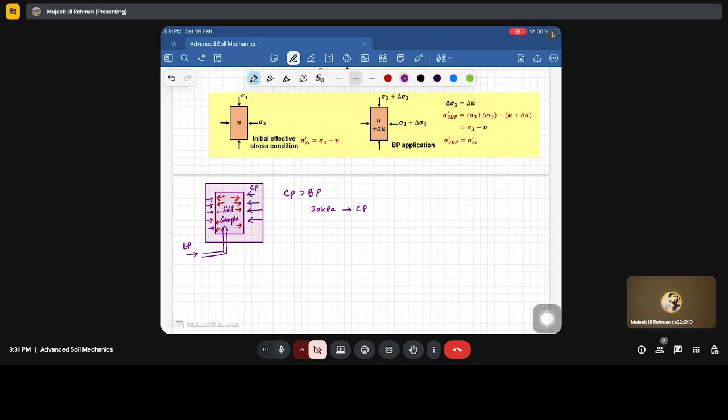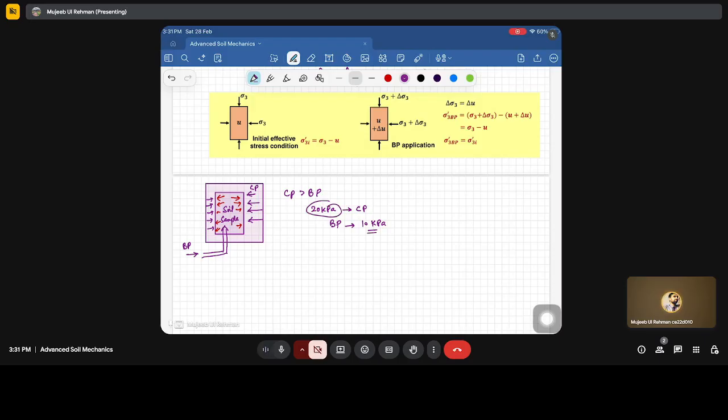The sample may have some amount of water if it is a clay, and if it is dry sand, there will be no water in it, so it is not saturated. So we will apply the back pressure and increase it to 10 kPa, let's assume. And we have to ensure that the cell pressure is always greater than the back pressure.